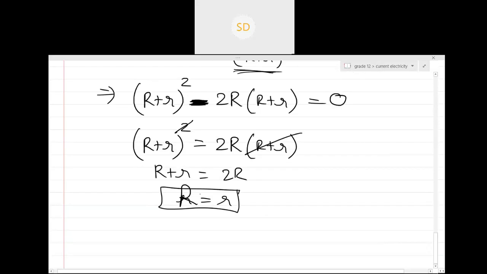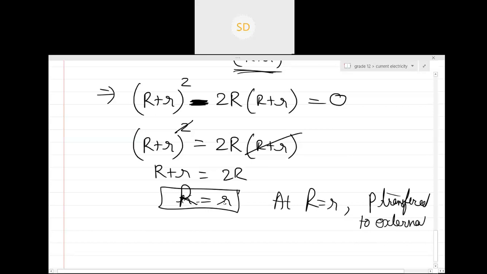When the value of the external resistance was equal to the internal resistance, then power was maximum. So at R equals small r, power transferred or consumed by external resistance was maximum. Understood this concept, guys?